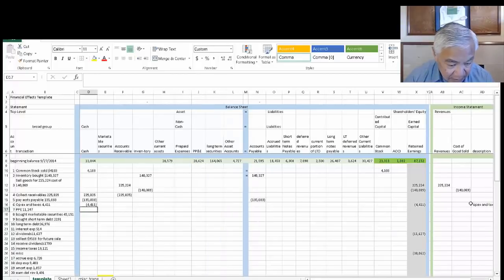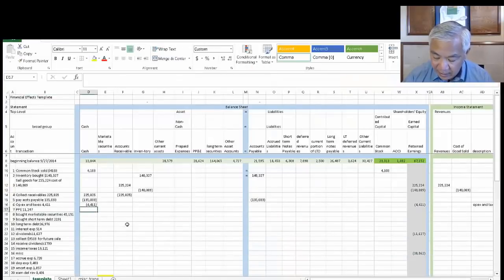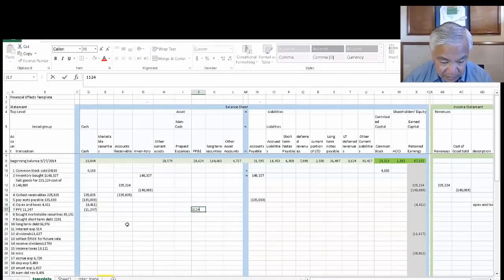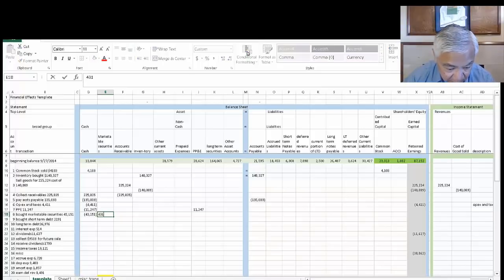Next is transaction 7. Here we bought PP&E, property, plant, and equipment, for 11,247, so negative 11,247. And what did we get for it? PP&E of 11,247. We bought a truck or tables or whatever.